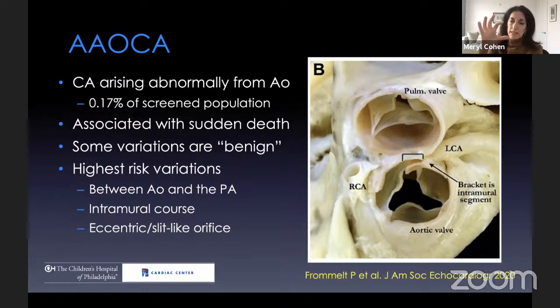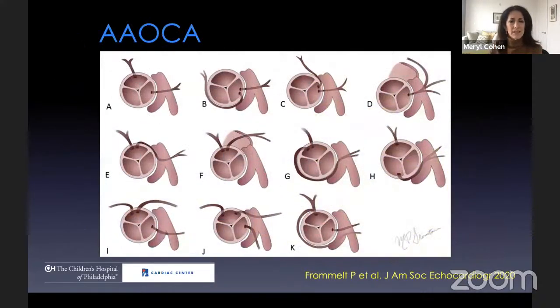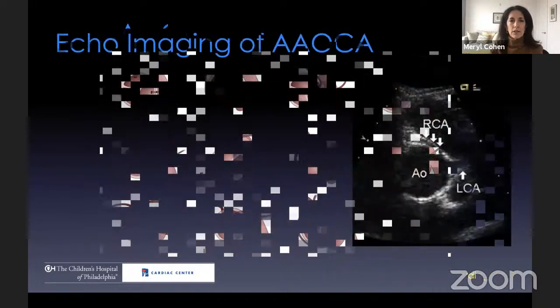Interarterial means that it is just between the two great vessels, but not traveling in the wall of the aorta. And if the surgeon recognizes an eccentric or slit-like orifice, then that orifice can potentially be closed off during exercise. These are a spectrum of variations of anomalous aortic origin of the coronary artery. Again, this is in the paper, so you can review it later.